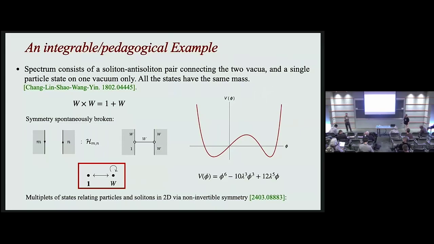But on this curve, this particle becomes exactly marginally stable. It could decay into soliton, anti-soliton, and vice versa. So would I have some enhanced symmetry at that point?